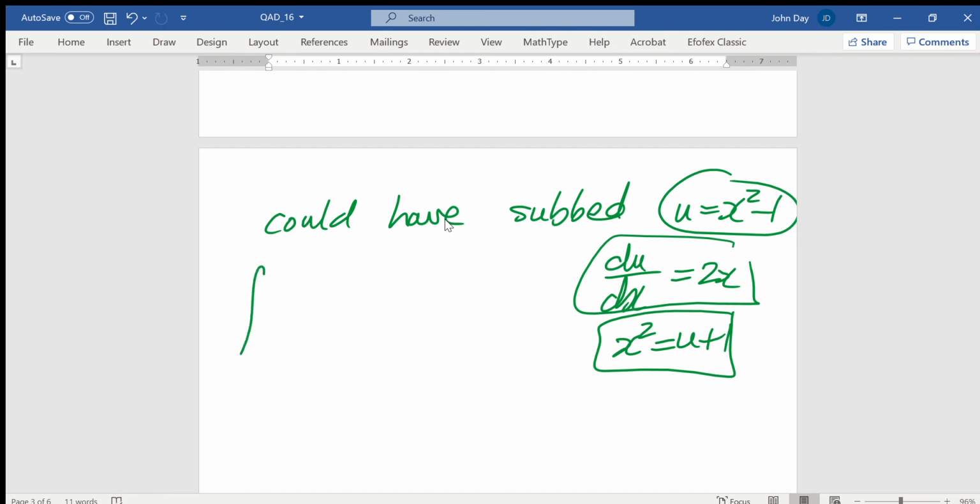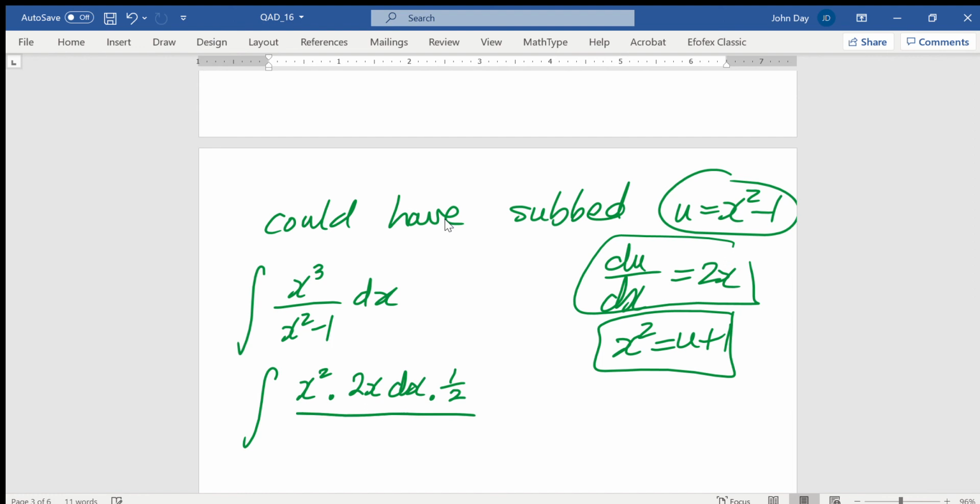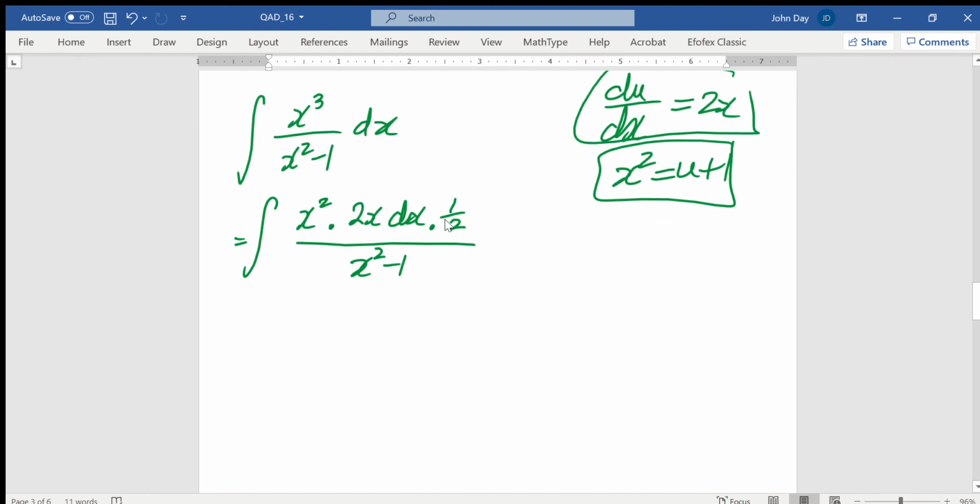So this integral of x cubed on x squared minus 1 is the integral of x squared times 2x dx times a half, because I put an extra 2 in there. I've still got x cubed dx on the top line and x squared minus 1 on the bottom, so I haven't done anything there, I've just set it up ready. Then I can replace x squared with u plus 1, 2x dx is du, and x squared minus 1 is u.